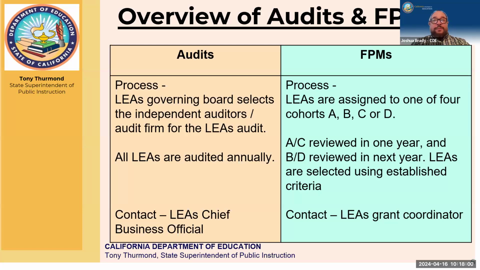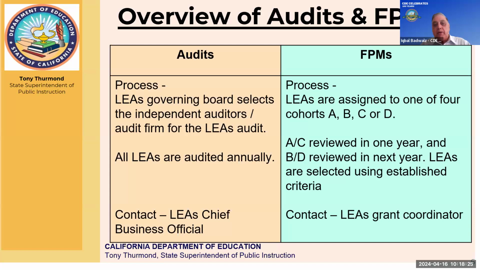It's just not reasonable, and it gets really expensive, and we probably need a whole other office in order to conduct all of them. The best point of contact for FPMs is going to be the LEA's grant coordinator. Usually this person is over state and federal funding, but there's always someone in the LEA that is kind of made to be the FPM contact that works with CD.